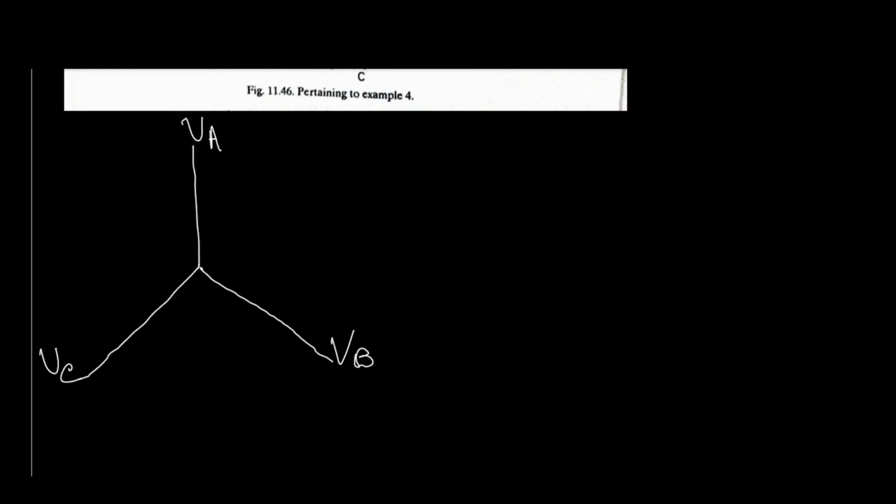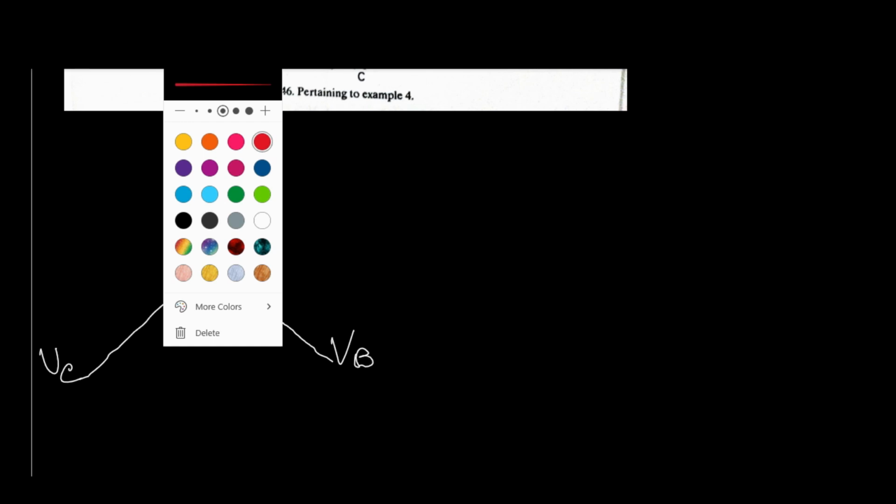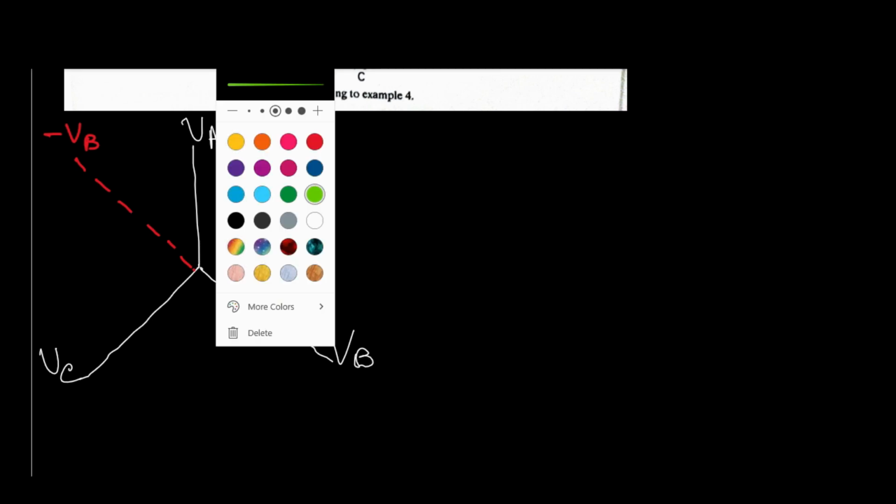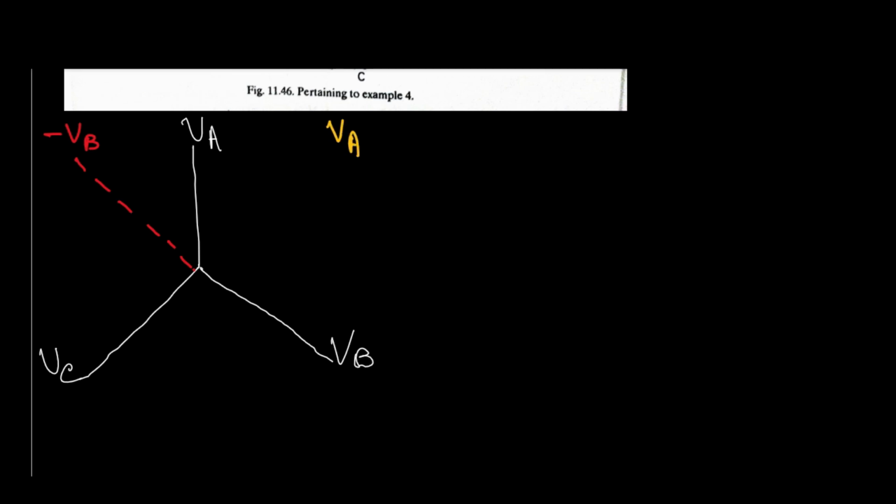Now how to draw VAB? Very simple. You have to draw minus VB, and what we know is that VAB is equal to VA minus VB, so that would give us VAB.